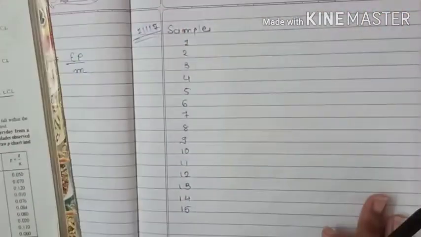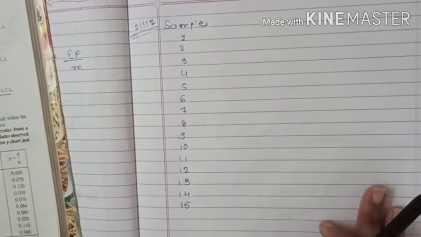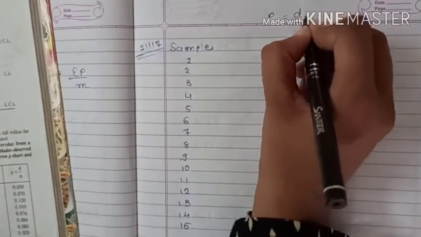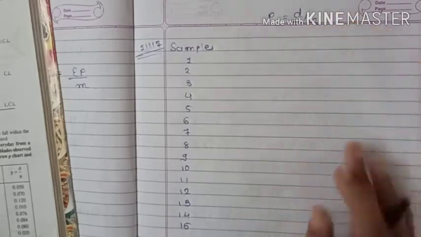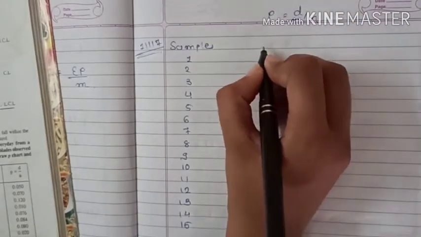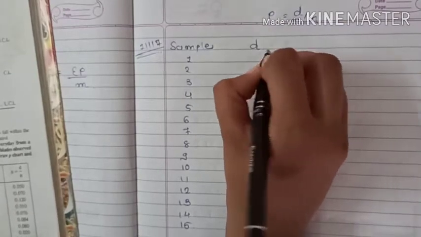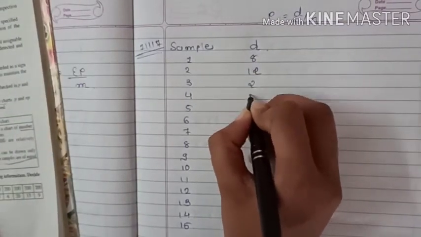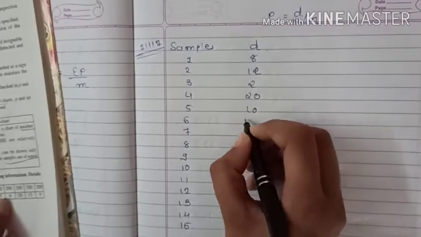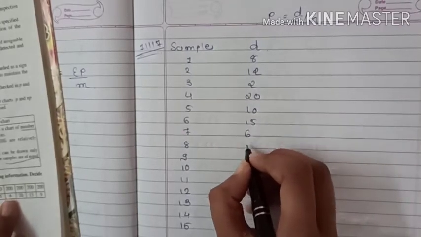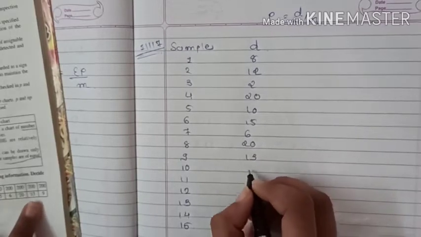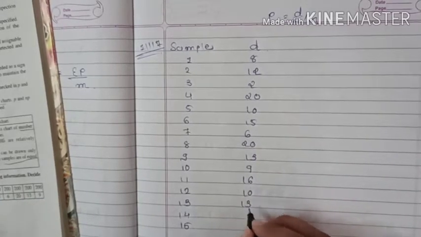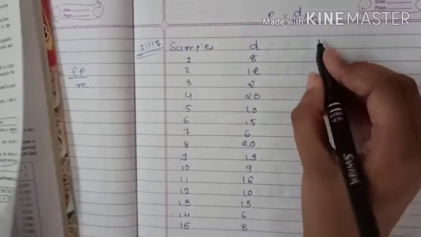So first we have to find out P. How can we find out P? P is equal to D upon N. D stands for defective items. So let's put the D values: 8, 12, 2, 20, 10, 15, 6, 20, 13, 9, 16, 10, 13, 6 and 8.